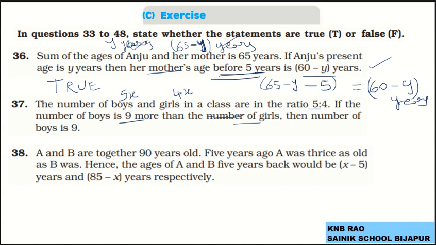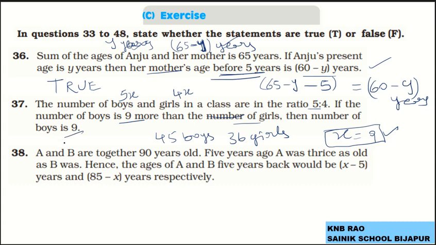So, 5x minus 4x is x equals 9. That means the ratio constant is 9. Boys are 5 nines, 45, and girls are 4 nines, 36. The statement says the number of boys is 9, so it is false; it is actually 45 boys.